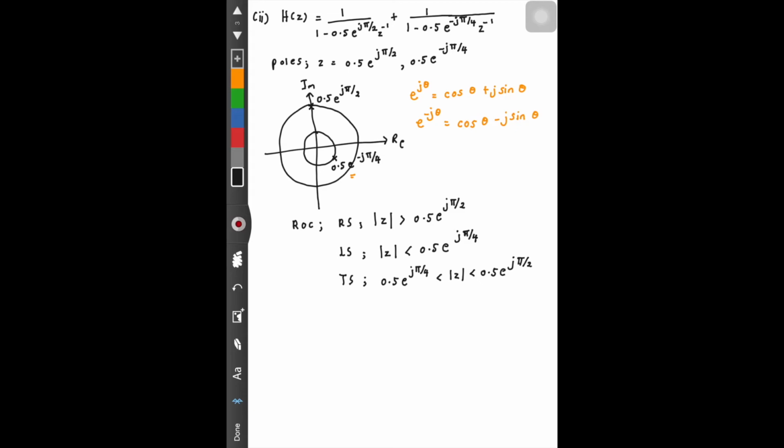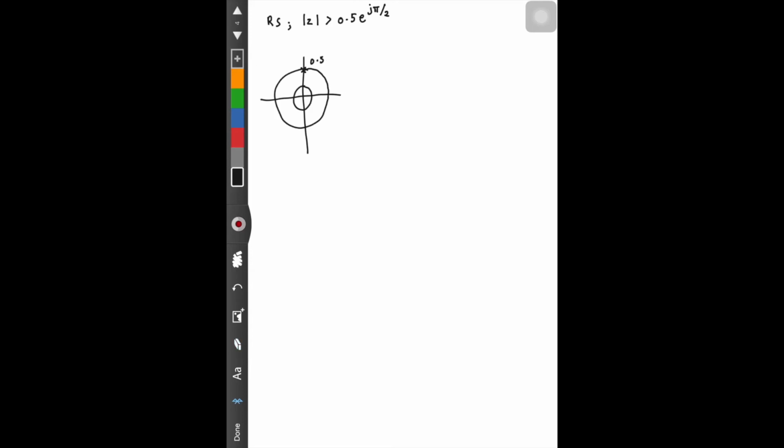Okay, done for ROC. Next we are going to determine your h[n]. For h[n], we need to determine it for each ROC. So let's start with right-sided. Modulus z is greater than 0.5 exponent j pi over 2. For right-sided, all poles will approach to the right, so the function is u[n].